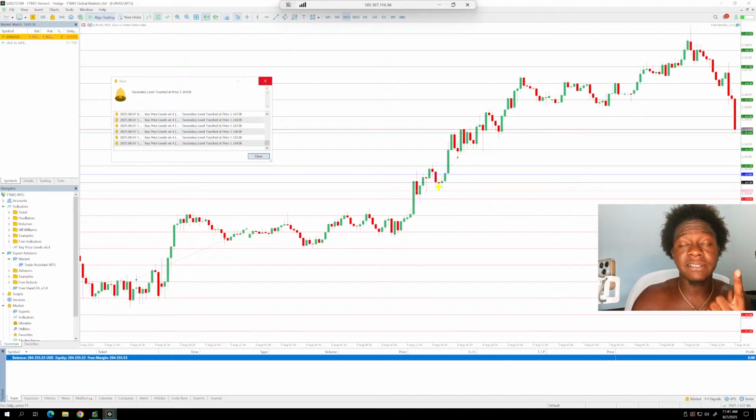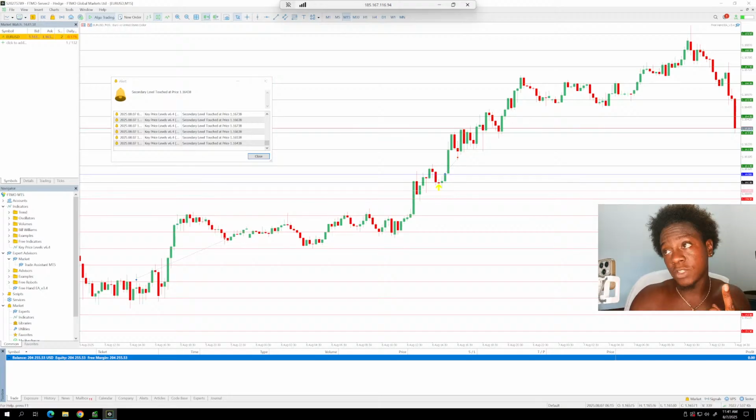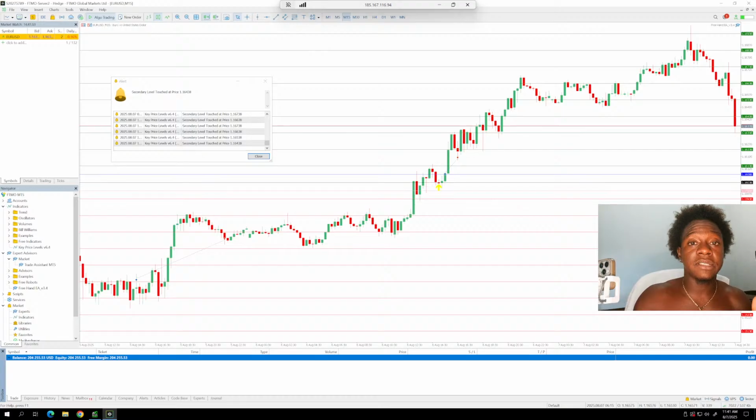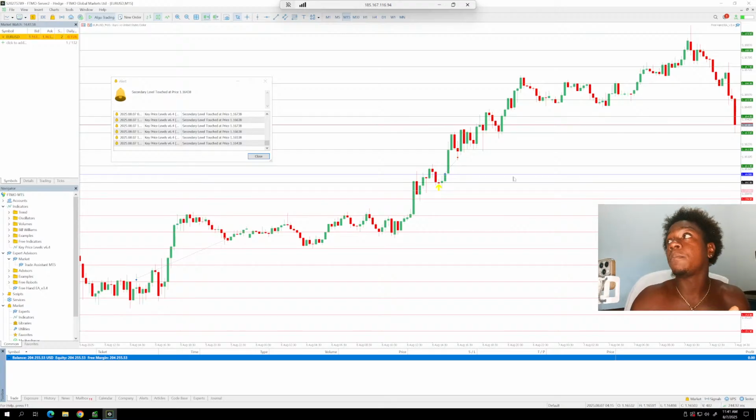I have the key price levels indicator, which puts the lines of the MagnOpus Trading Grid on my screen, updating based on every ADM candle open Monday through Friday. And I also have my freehand EA, which is the one that executes trades for me. It puts the buy stops, sell stops, entry, exits, and lot sizes, and it calculates that based off of whatever risk I want to put.